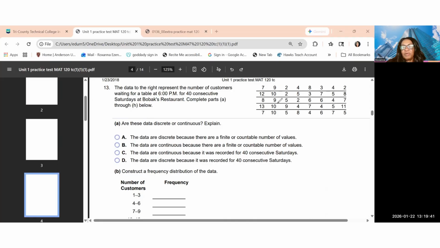We are creating a frequency distribution, and you see the frequencies column is empty. Column 3 has 1, 2. There are only 2. So 2 numbers are between 1 and 3.